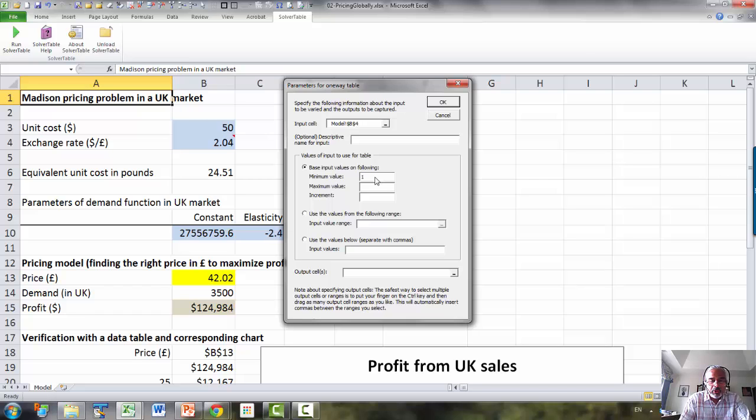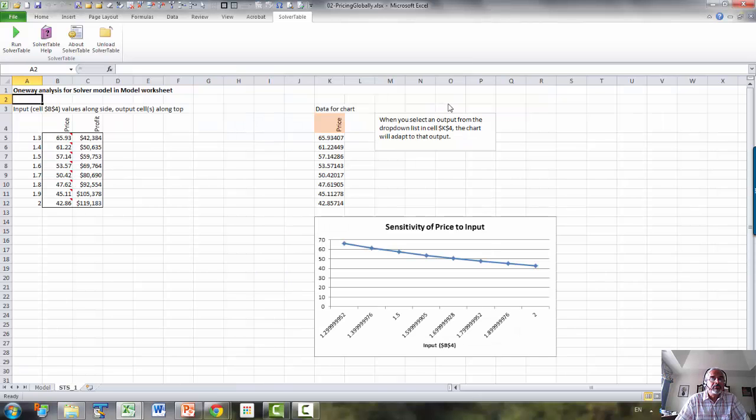And let's see, we want to go from $1.3 to a pound to a maximum value of 2 in increments of 0.1. And we want the price and profit, control click, then click OK, and here it is.